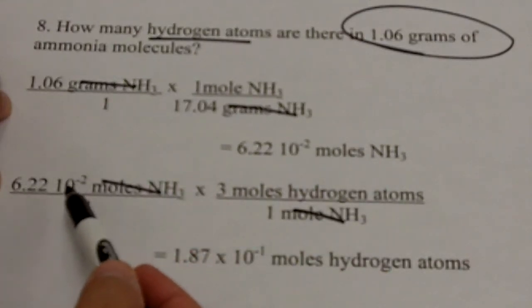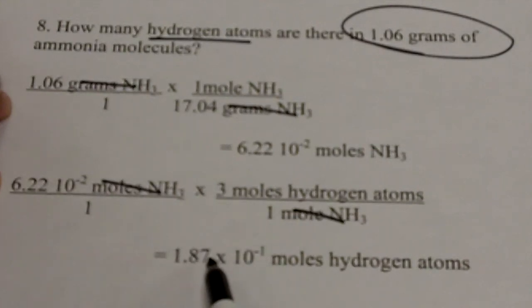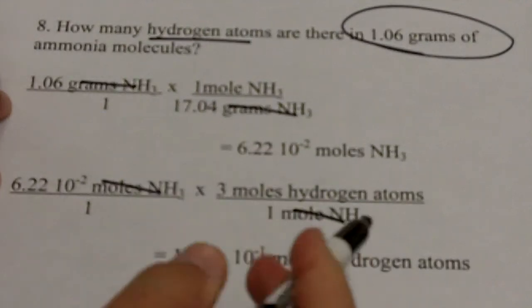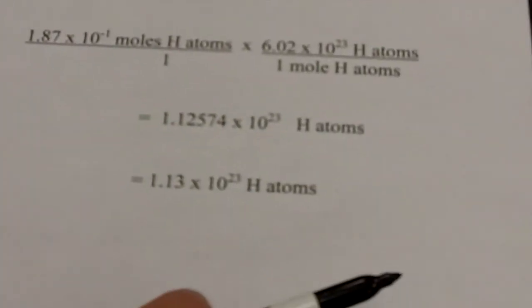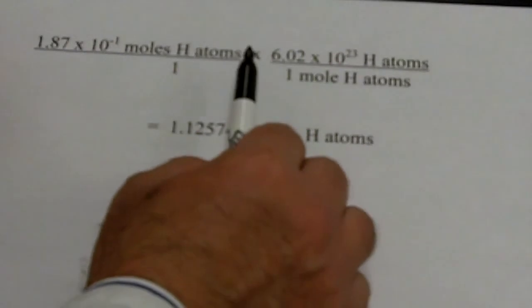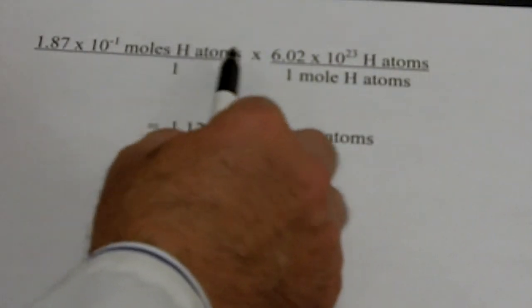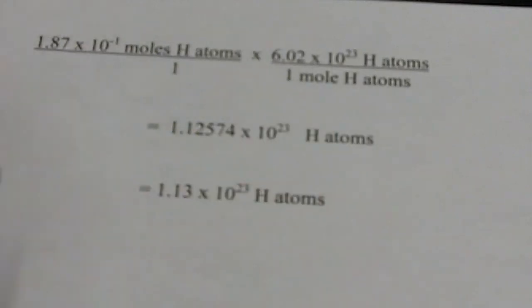We'll take 6.22 times 10 to the minus 2 times 3, and we get 1.87 times 10 to the minus 1 moles of hydrogen atoms, okay? All right, let's take that 1.87 times 10 to the minus 1 moles of hydrogen atoms, put that over 1, and multiply that by whatever unit is here is going to go right there.